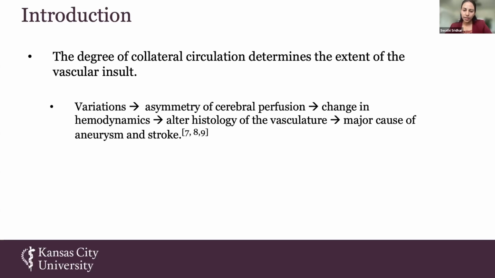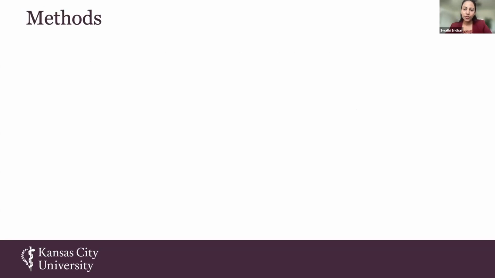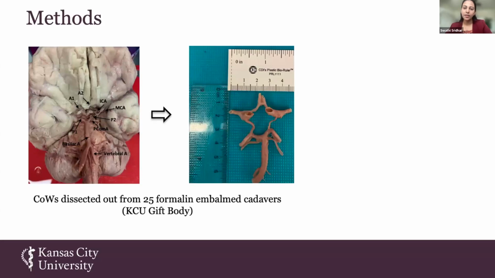So in our study, we aim to add to the literature on the variations of the circle of Willis in the Midwestern population and explore the impact of such variation on blood flow and its predisposition to atherosclerotic diseases. So to do this, we obtained the brains from 25 formalin-embalmed cadavers from the KCU Joplin campus.